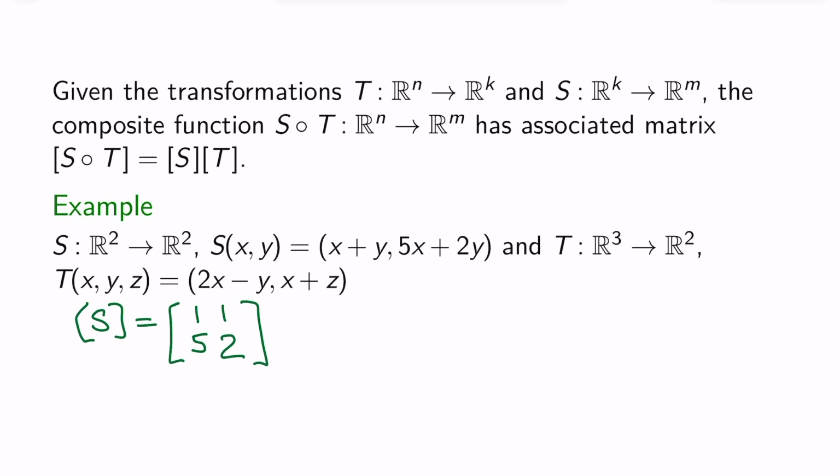And the matrix associated to T in the same way, so now we do the vector 1, 0, 0, the coefficients of x here will be 2, 1, and then 0, 1, 0, so the coefficients of y will be minus 1, 0. And then 0, 0, 1, the coefficients of z are 0, 1.